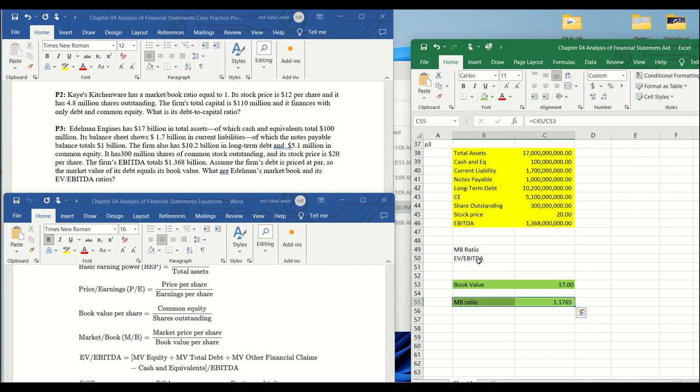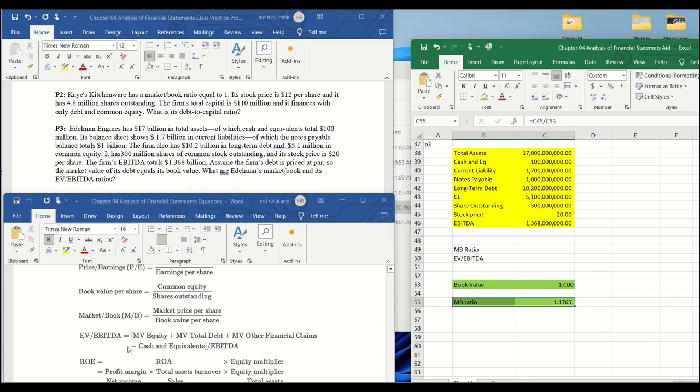Then EV by EBITDA. So how is our EV by EBITDA? EV by EBITDA equals market value of equity plus market value of total debt plus market value of other financial claims, minus cash and equivalents, divided by EBITDA. So if I copy the big formula: market value of equity is stock price per share multiplied by shares outstanding.